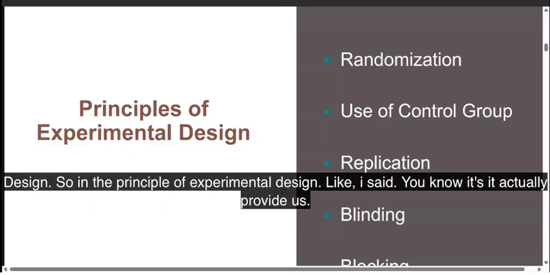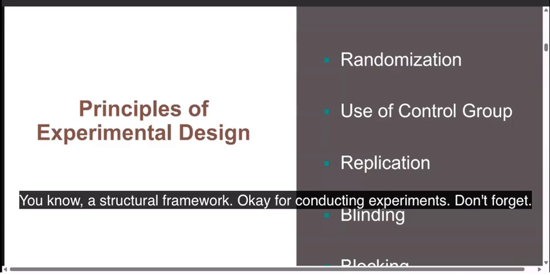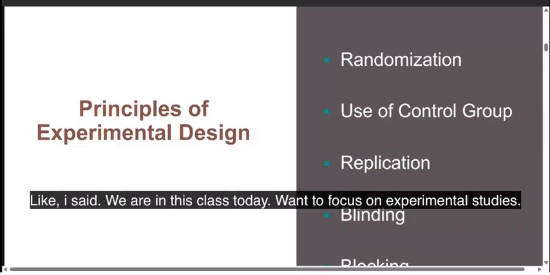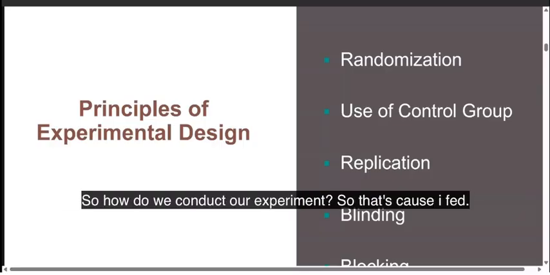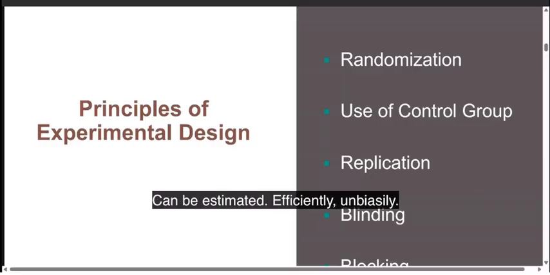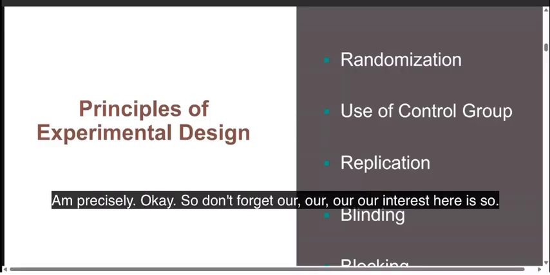So, the principles of experimental design provide us a structured framework for conducting experiments. Don't forget, like I said, in this class today we want to focus on experimental studies. So, how do we conduct an experiment so that causal effects can be estimated efficiently, unbiasedly, and precisely?